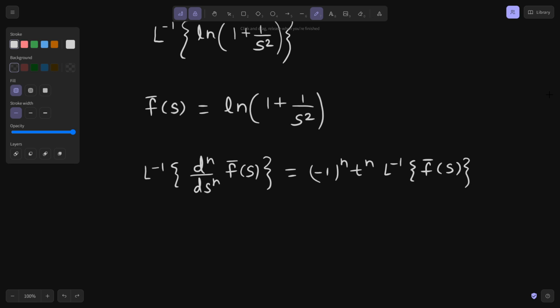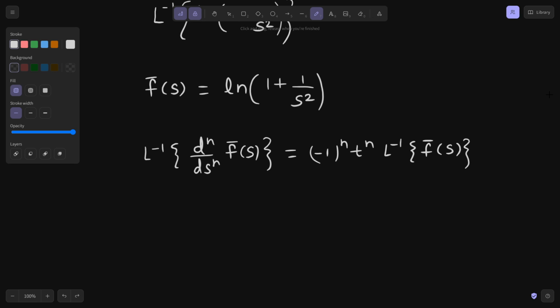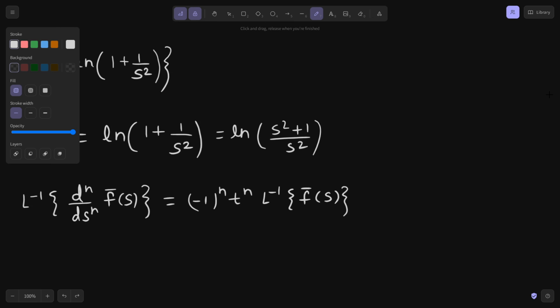Okay, so let's try differentiating this ln(1 + 1/s²). But before that, let's simplify this. So this is ln((s² + 1)/s²). Now you know the properties of logarithm, which says that log(a/b) is nothing but log a minus log b.